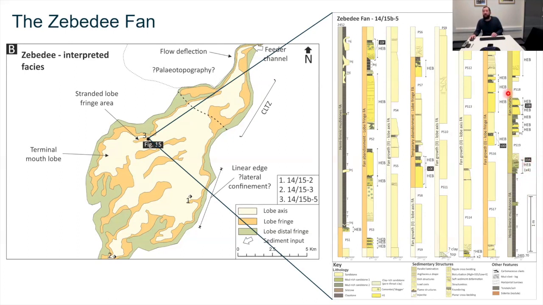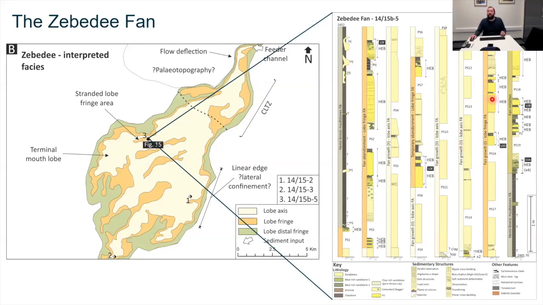The hybrid event beds, again, are directly at the bottom or below the first instance of lobe axis facies associations. You see stacking patterns and relationships, so that upwards thickening of the H1 unit relative to H3, moving towards the fan system itself. So there's an interesting relationship in there.